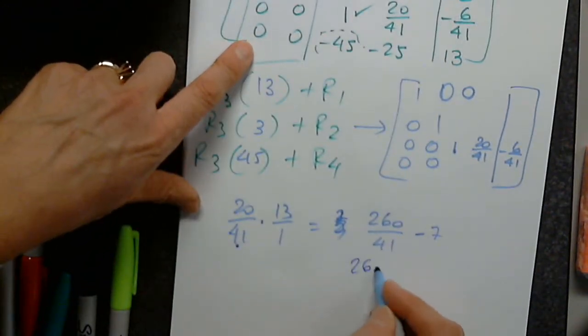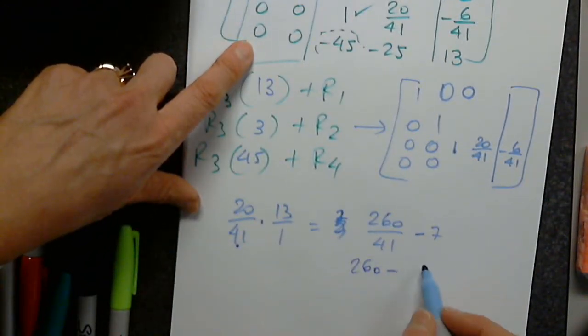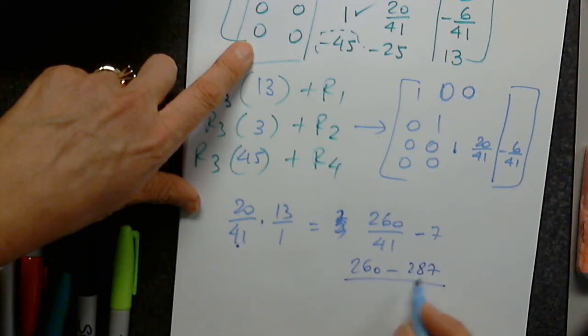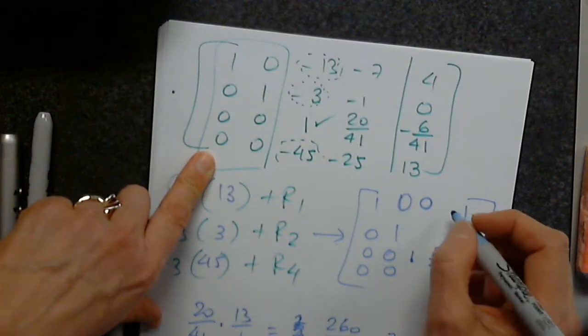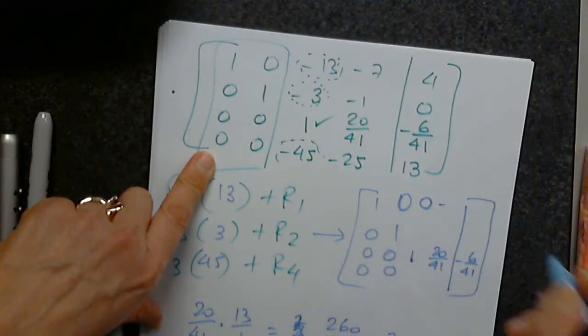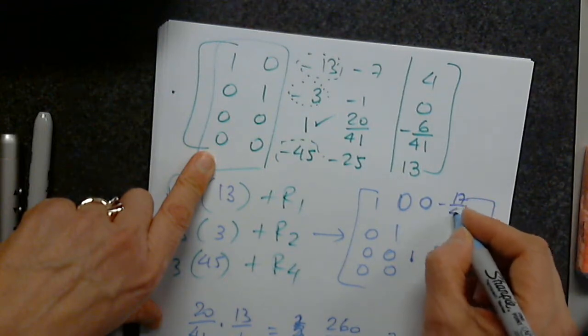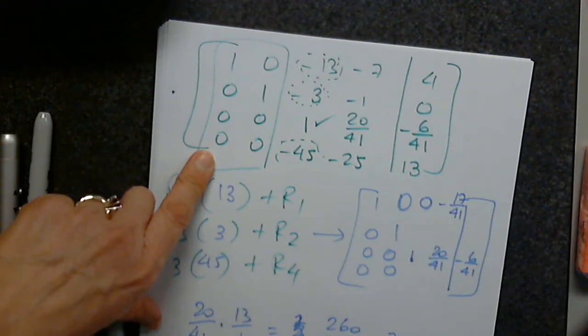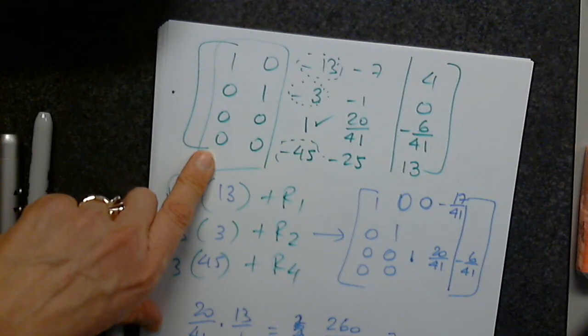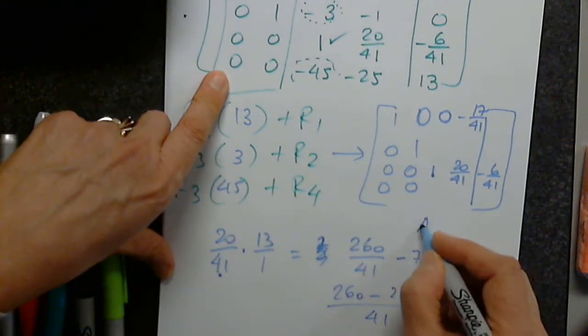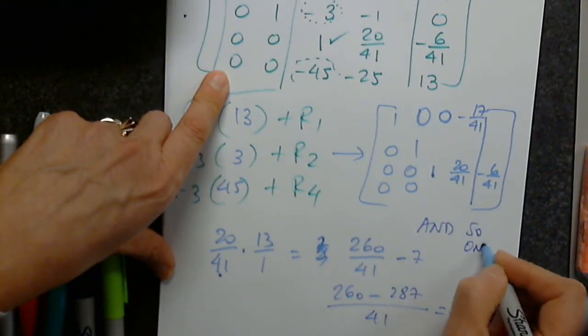So now 260 minus 287 over 41. So this is negative 17 over 41. This is what I have to write up here. Negative 17 over 41.